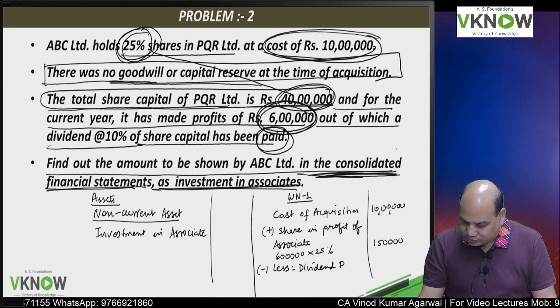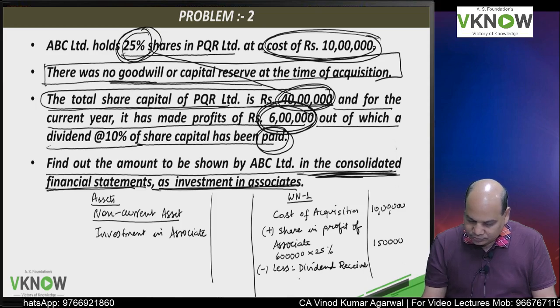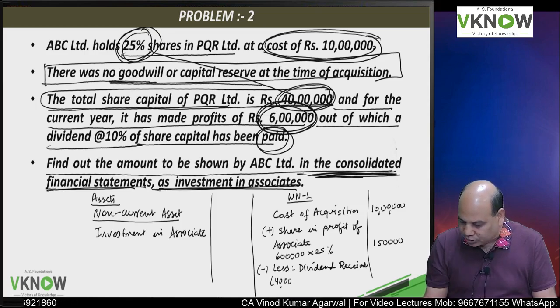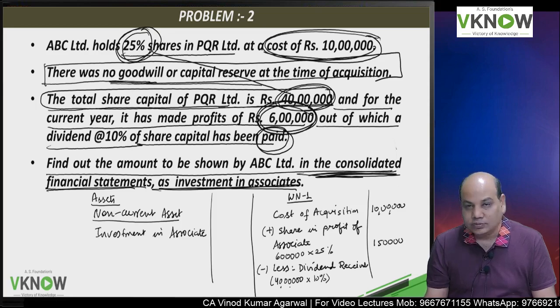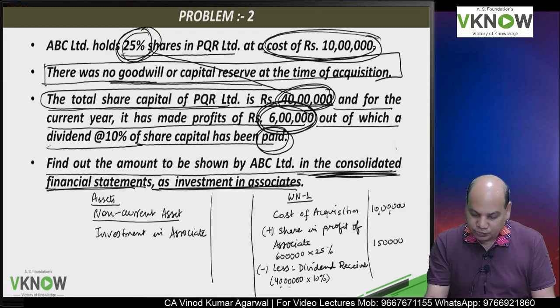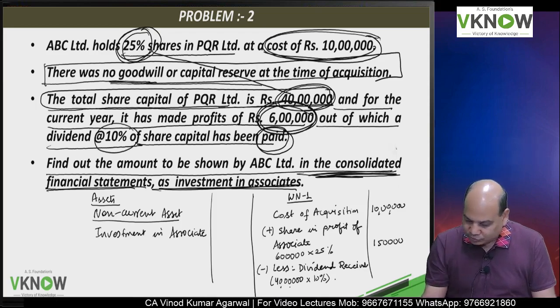Less dividend received. Dividend received will be, total dividend paid is 40 lakh into 10%. This is the dividend paid by associate, total 40 lakh share capital at the rate 10%.